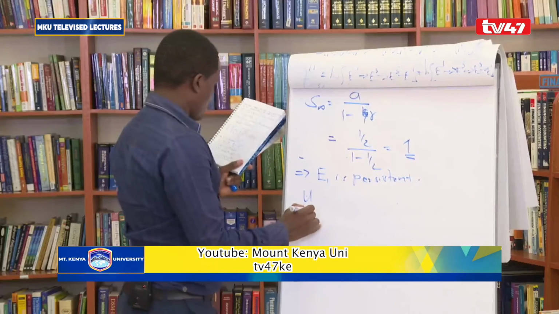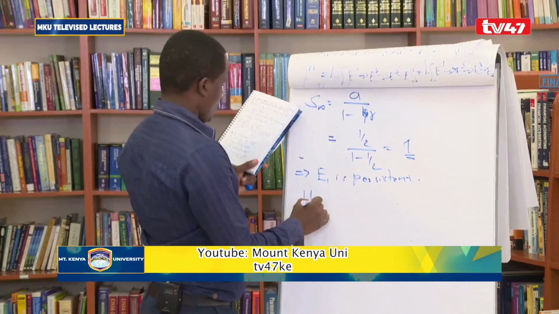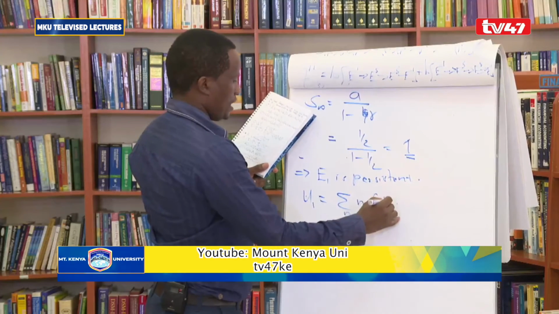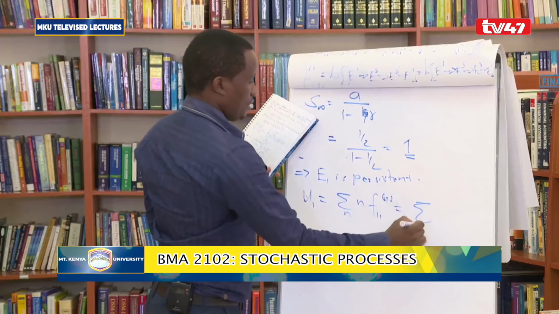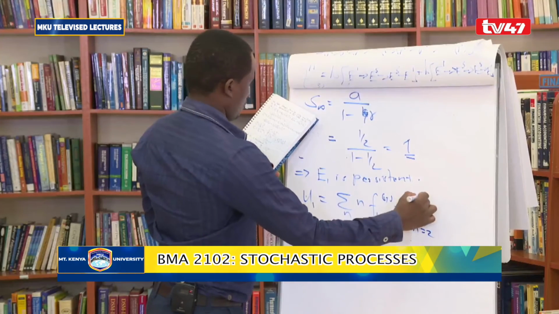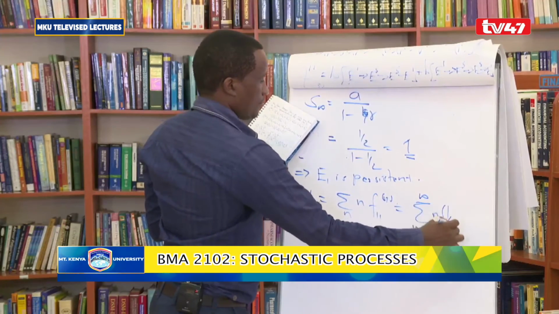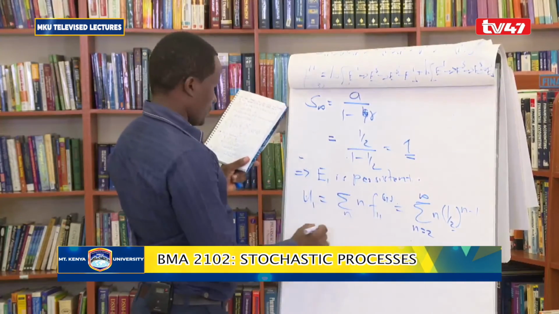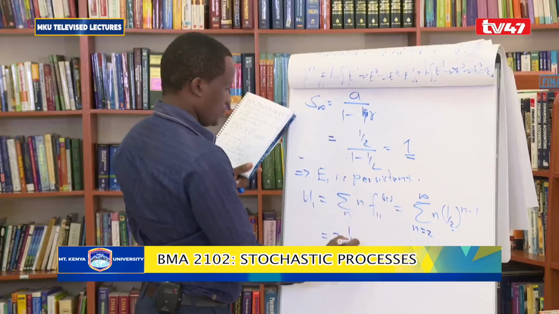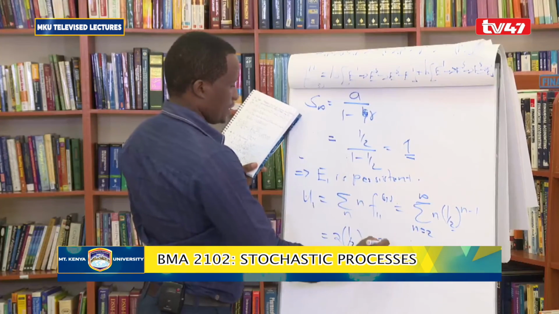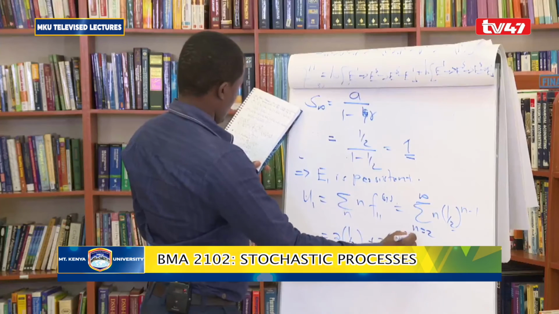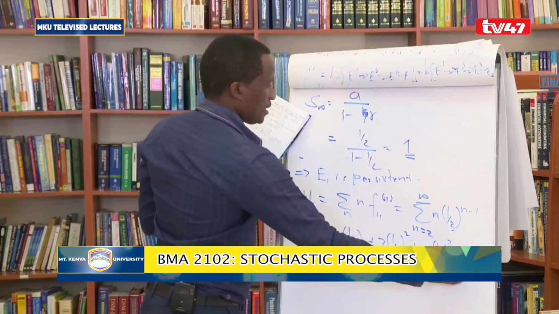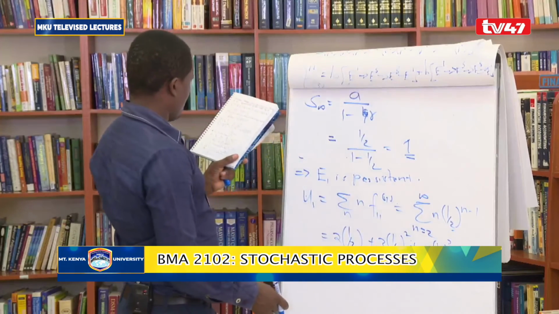Then define u1 to be equal to the summation over n of n f11(n), which is the same as the summation from n equals 2 to infinity of n times a half raised to the power n minus 1. I've replaced f and n. This is the same as 2 times a half plus 3 times a half squared plus 4 times a half cubed plus all the way to infinity.